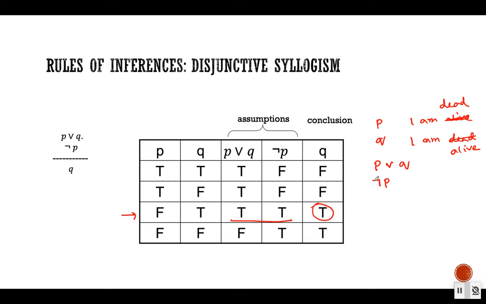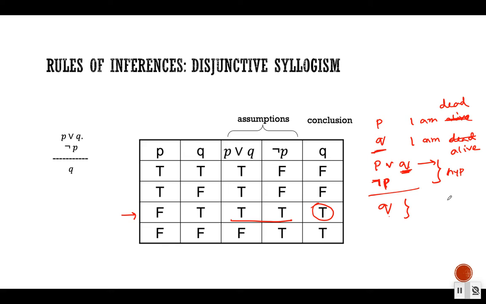Now I know that I am not dead, so this one is false. Since I am not dead, Q has to be obviously true. That means I am alive. So given the hypotheses P or Q and not P, if these two hypotheses are true, Q will be true. Q will always be true.